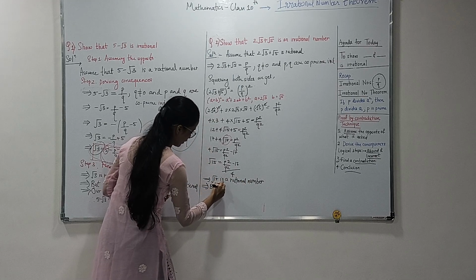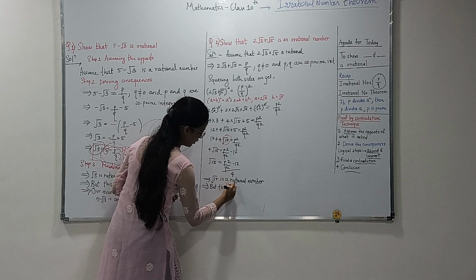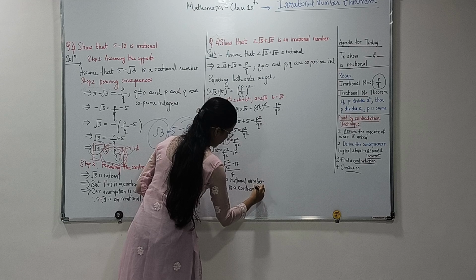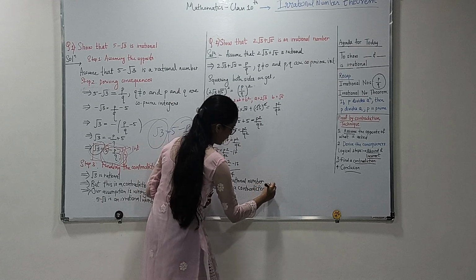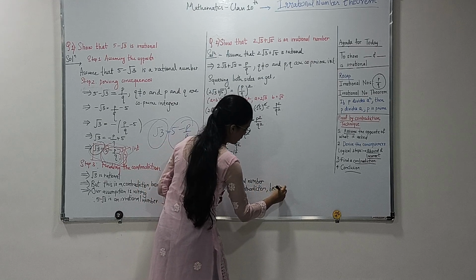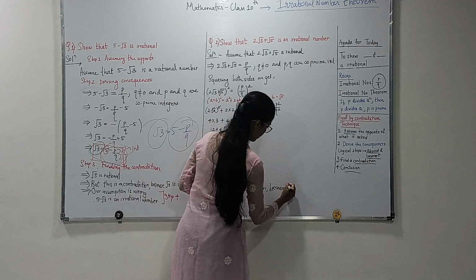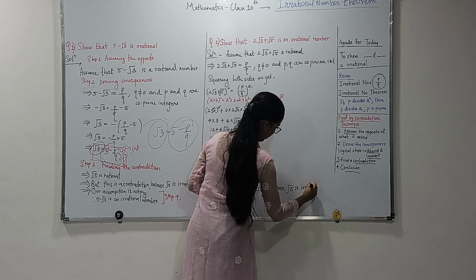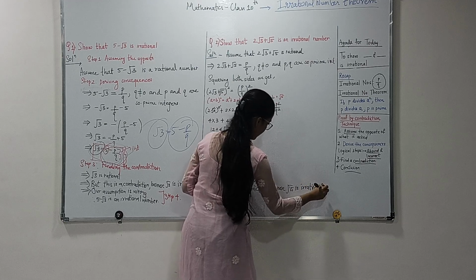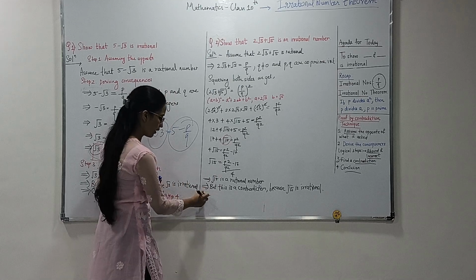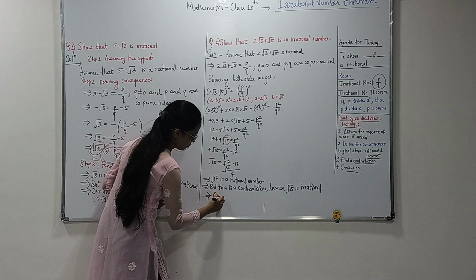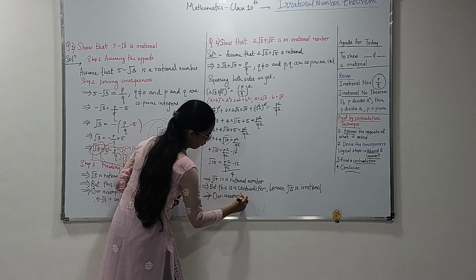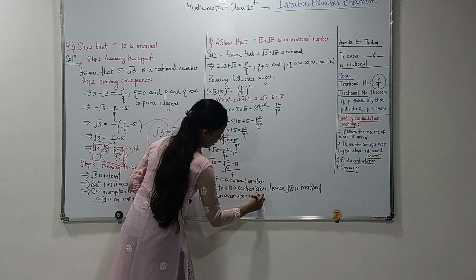but this is absolutely wrong. This is a contradiction, because you have to always give the reason, because root 15 is irrational. Now if root 15 is irrational, then we can conclude that this implies our assumption obviously was wrong.